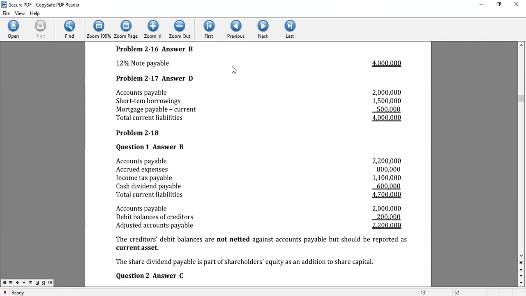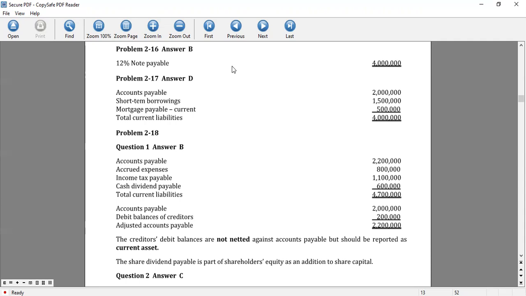So, what amount should be reported as current liabilities? Accounts payable, 2 million, short-term borrowings, 1.5 million, and we have the mortgage payable, the current portion, which is 500,000. So the total current liabilities in number 17 is 4 million. So it's letter D.